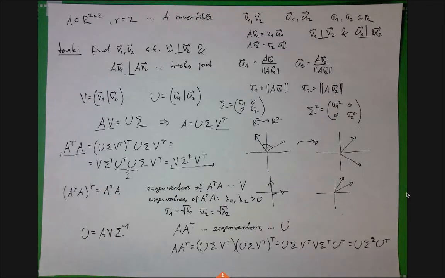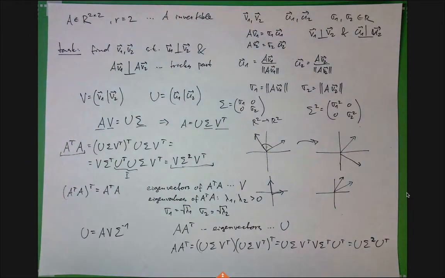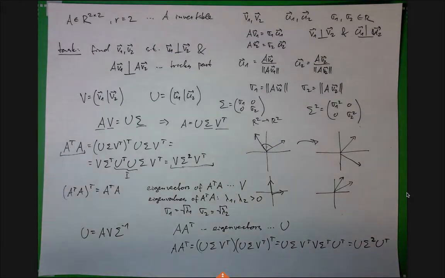Okay, so I hope I confused you enough. Next time I will try to do an example for this 2x2 case, which I think makes it a little bit more intuitive when you see the actual numbers there. Don't worry, I will explain it once again for the case of a general m by n matrix.